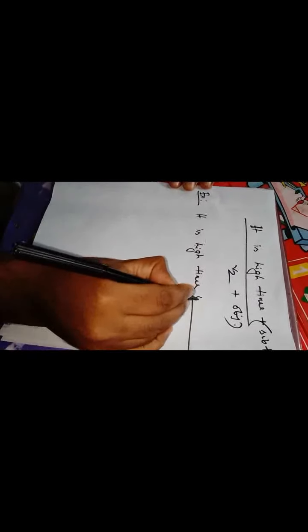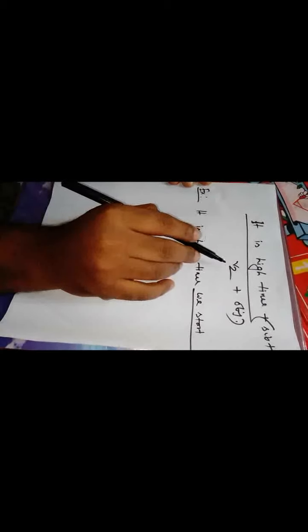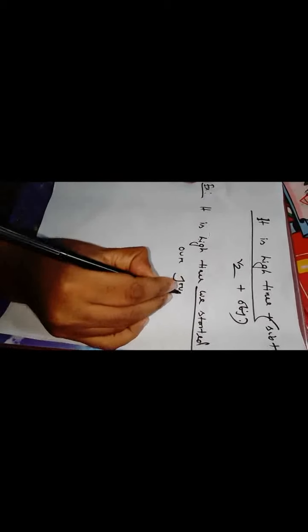It is high time we start is in the present form, so according to the rule we have to use the verb in the past form. So we will write down we started our journey.